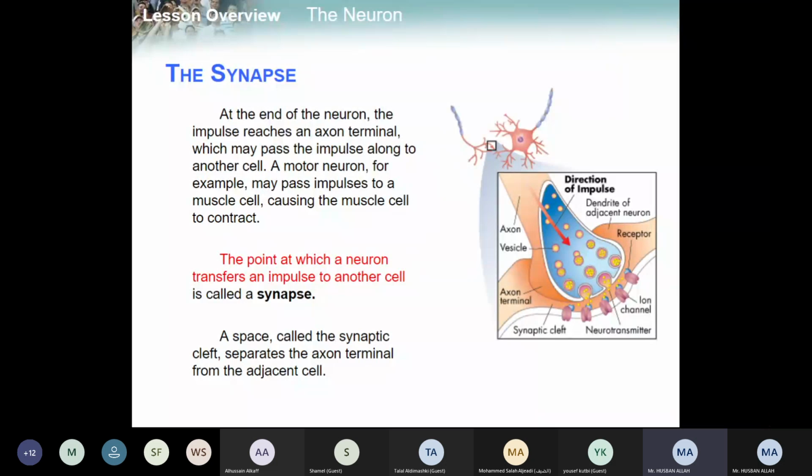The point at which a neuron transfers an impulse to another cell is called a synapse. Meaning the transfer of signal between two neurons, from the axon terminal of one neuron to the dendrites of the other neuron.